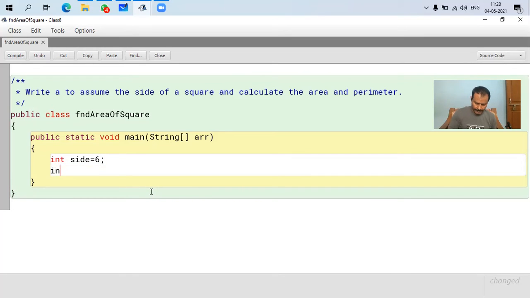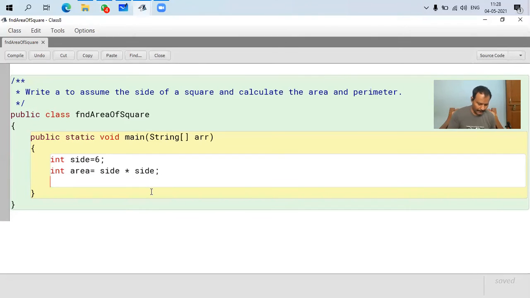Then we need an integer for area. Area equals to, what do we know? Side into side. Now you can see the operator used. The operator is the star, multiplication symbol. And what do we need? Perimeter, isn't it?